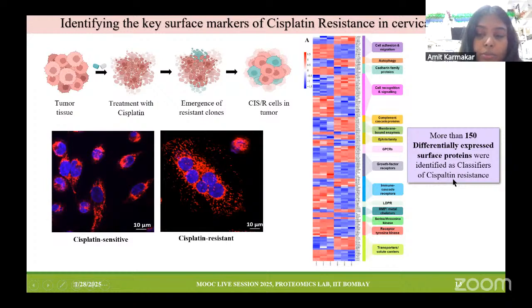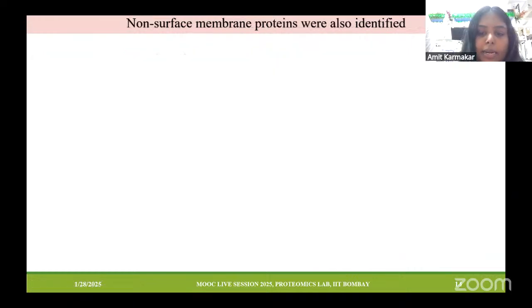These are what I can call the classifiers of cisplatin resistance in cervical cancers, and they belong to various categories: cell adhesion, migration, some belong to cell signaling, some belong to the growth receptors, others are transporters and receptor threonine kinases, all types of markers that are differentially expressed in the two types of cells were identified.